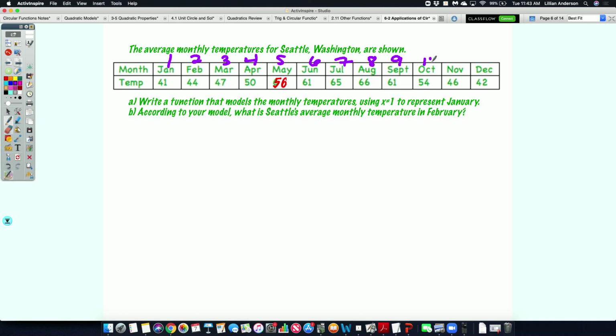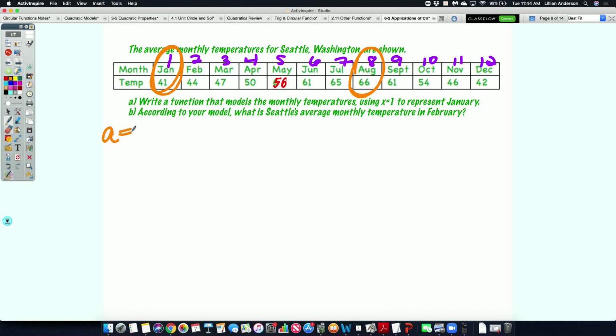Just like before, to write our equation, we need to determine what's our maximum temperature and what's our minimum temperature. What's our maximum temperature? 66. I have it in August. What's my minimum temperature? January, 41. So I can find my A, right?